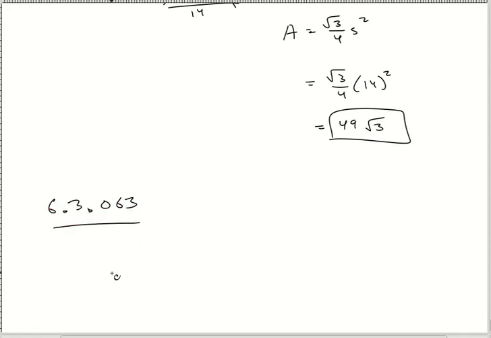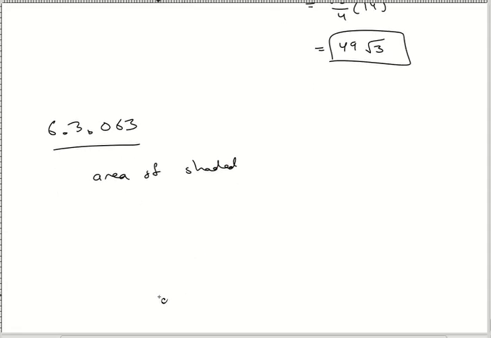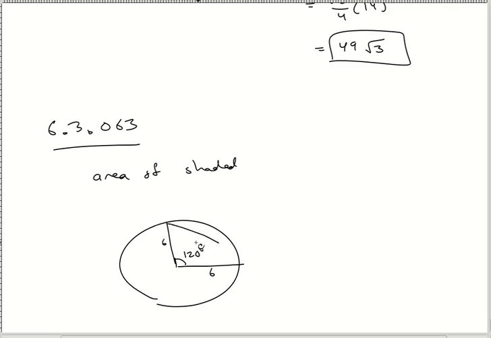63063. This is the last question I got. It says, find the area of the shaded region. And it's kind of a weird thing. I got a circle, and I got some kind of arc that is, in this case, 120 degrees, 6 radius. But then they draw a line here. Oh, sorry.